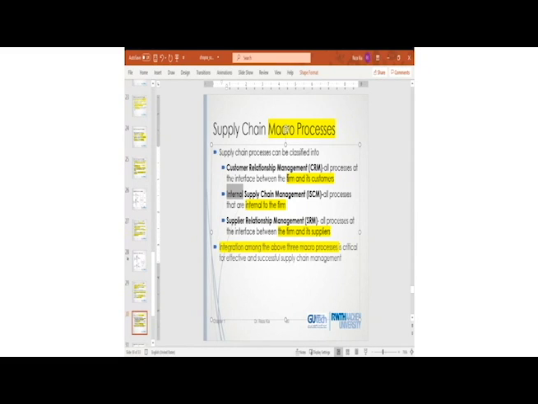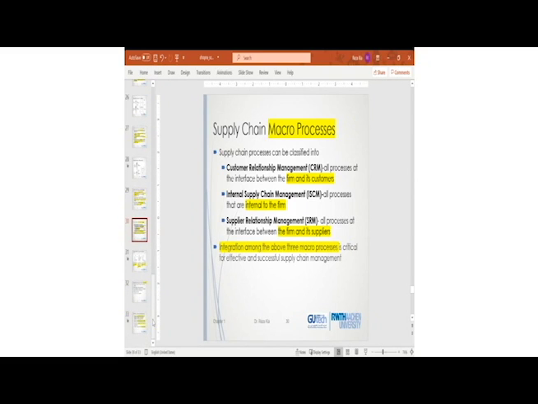If you are associating your company to a customer, that would be CRM. If you are just focusing on the process inside your factory, that would be internal supply chain. And if you are linking your company with the supplier operation, that would be supplier relationship management. And for sure, the integration between all these three processes is essential if we want to have a successful supply chain.